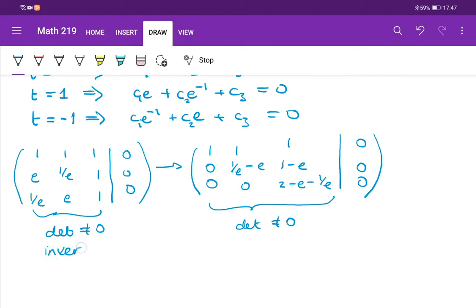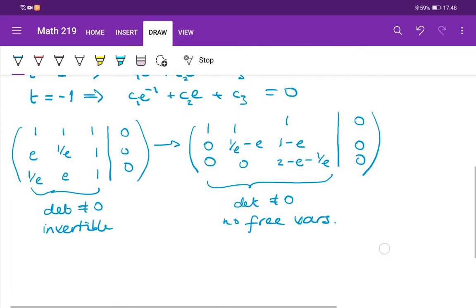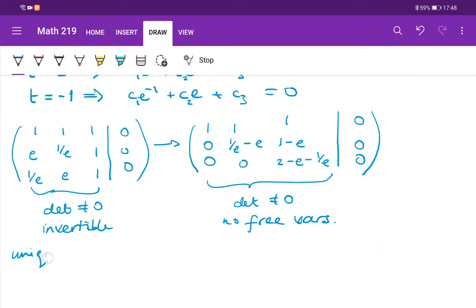And so there are no free variables here. And so the unique solution is C1 equals C2 equals C3 equals 0.